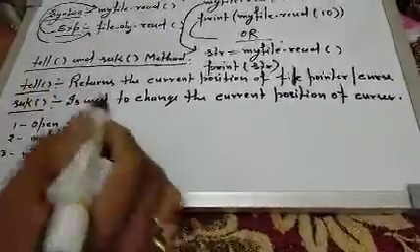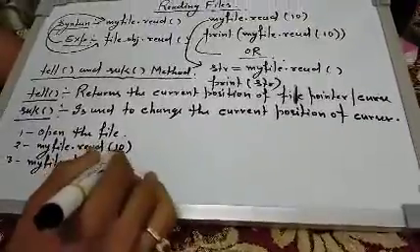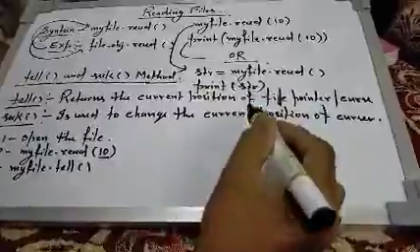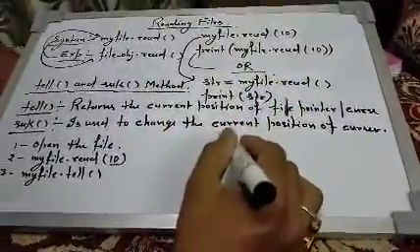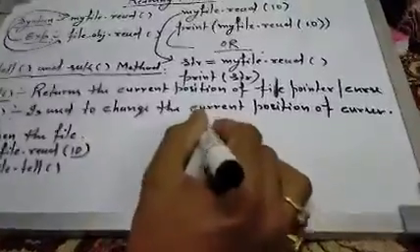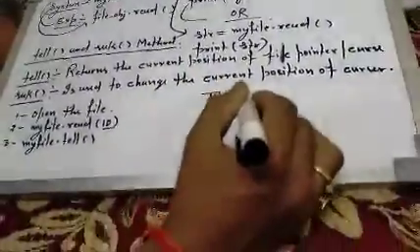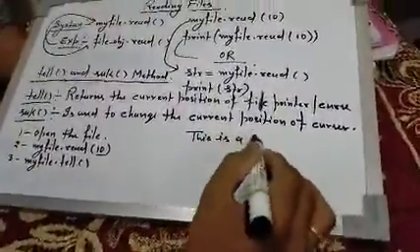So what is the current position of the cursor? 10th. Suppose in the file some matter is written, for example, this is a line.